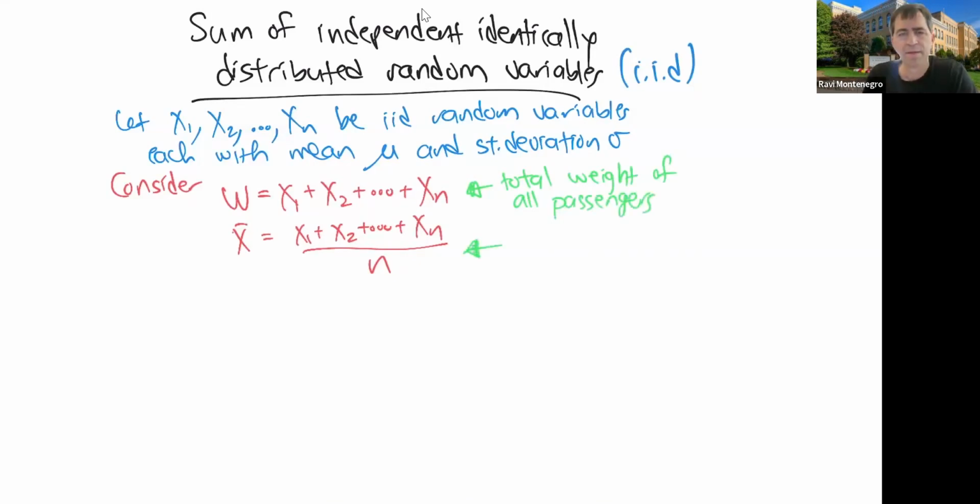And the second one is like the average weight. They're closely related because if you take the total weight of everyone and you divide by n, you get the average. But when we look at the standard deviation, we're going to find that they behave somewhat differently. So we're going to start by looking at W.